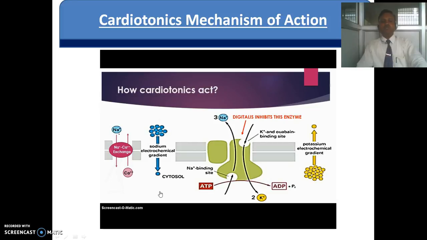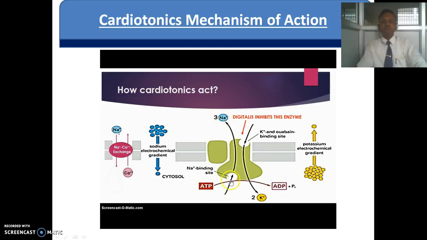Now, suppose we add cardiotonic drugs, digitalis-like drugs, which block this exchange mechanism. Which exchange? Sodium-potassium exchange, which is responsible for entry of potassium into cells and exit of sodium outside of the cells.